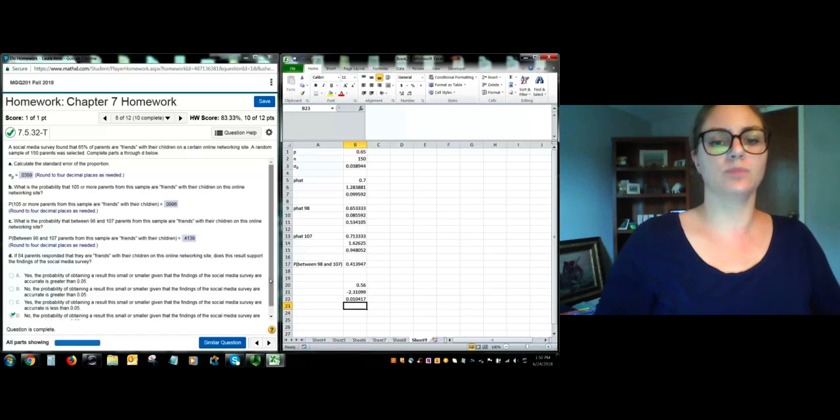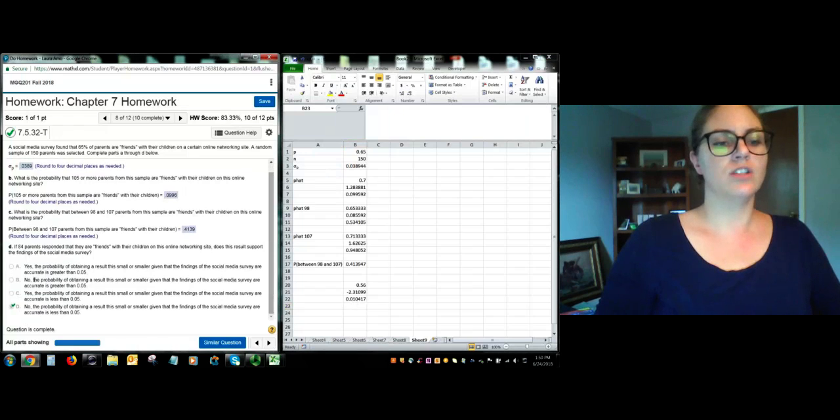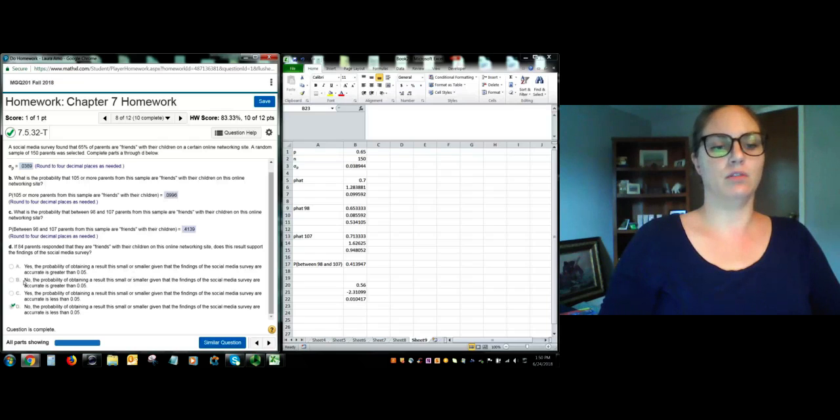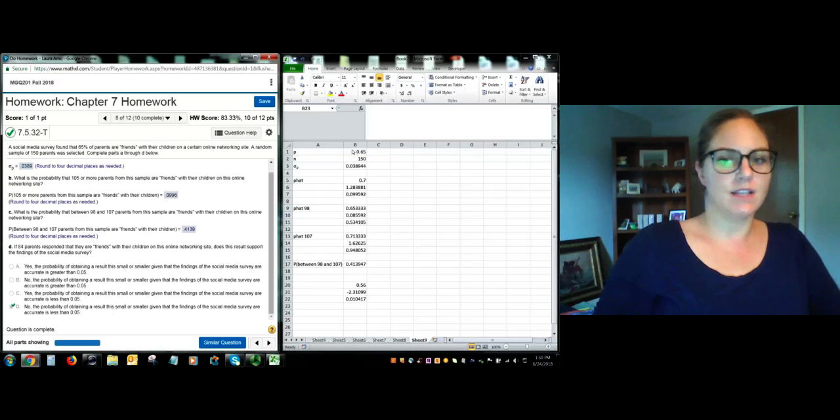Okay, so if you look at these questions, the only two that are going to pop out and you can deduce as being runners in the final answer are the ones that begin with no. The probability of obtaining a result that is that small, 0.56, much smaller than the given proportion, that being accurate is less than 0.05. We talk a little bit about alpha, setting that to 0.05 if we want to have a 95% confidence interval, and again, we'll touch on that in chapter 8.